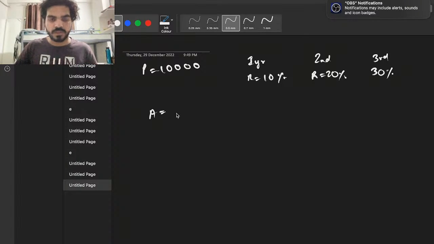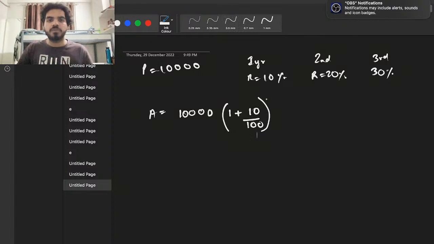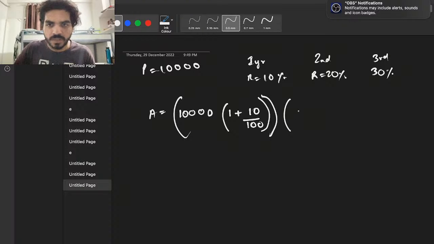Compound interest is asked, so first we will calculate the amount, 10,000. Instead of solving it again and again, since the time period for each interest rate is 1, the exponent part is sorted out. After 1 year, the amount will be P into 1 plus 10 upon 100. And this amount will become the principal for the second year, so P into 1 plus 20 by 100.